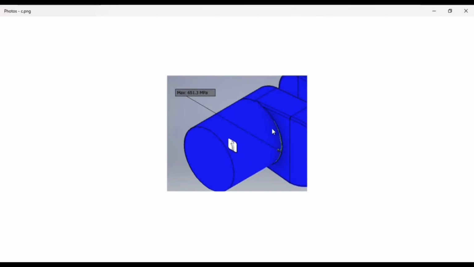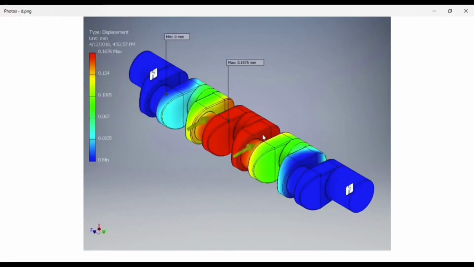Next, the von Mises stress is 651.3 megapascal. The highest displacement is in this red area, which is 0.1676 millimeter, and the lowest displacement is in this blue area, which is 0 millimeter.